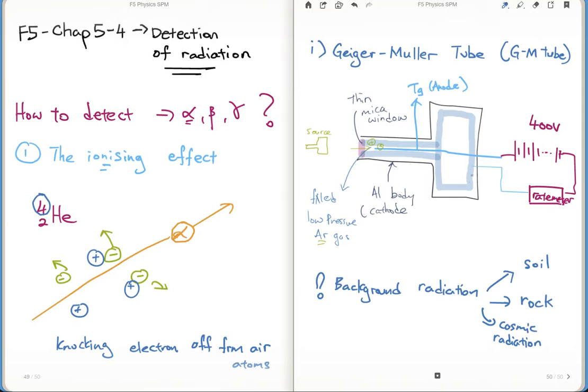So first of all, before you bring in the source to measure anything, you need to calibrate it. Switch it on and increase the sensitivity so that it will not count the background radiation.